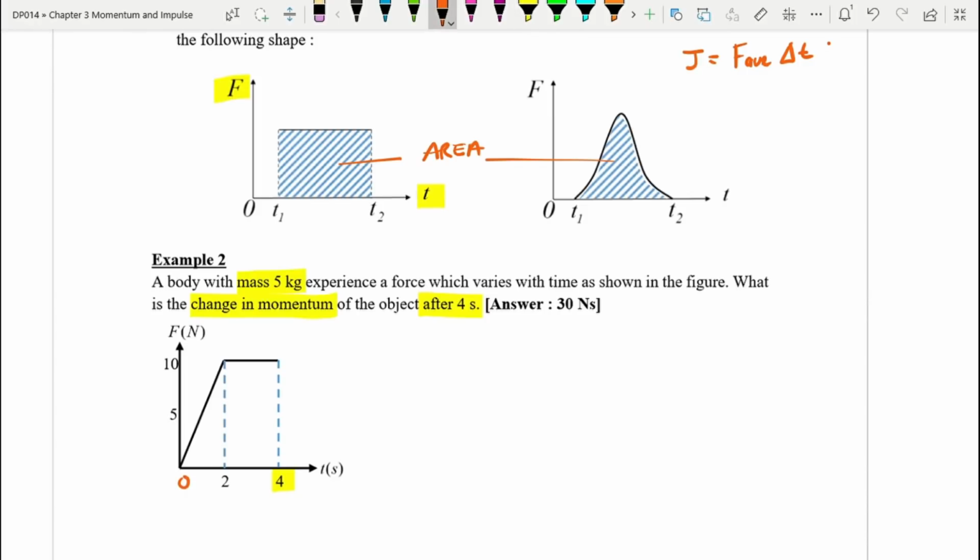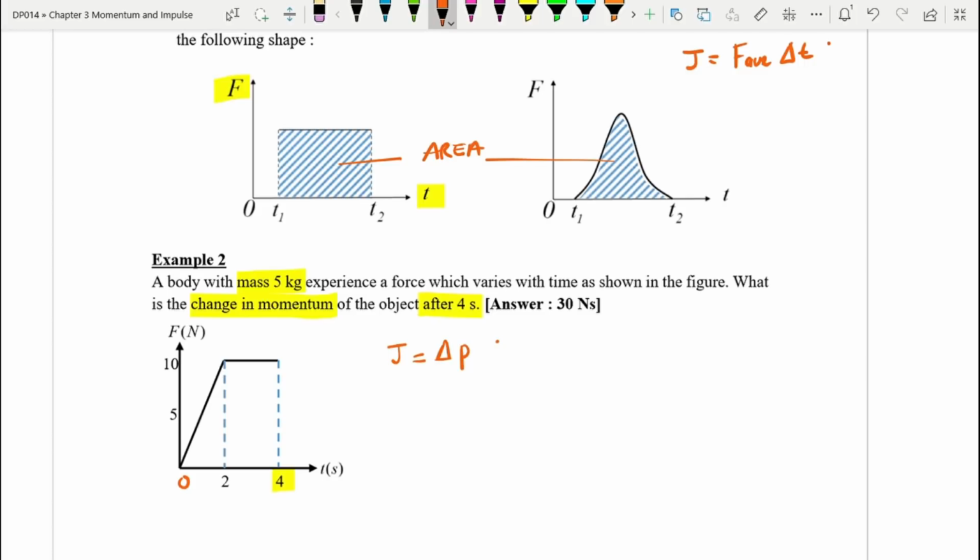So we need to find the change in momentum for the whole time, from 0 to 4 seconds. Change in momentum is actually the definition of impulse. So we know impulse equals change in momentum, which means we are actually calculating the impulse.